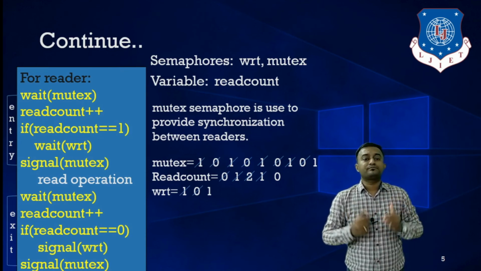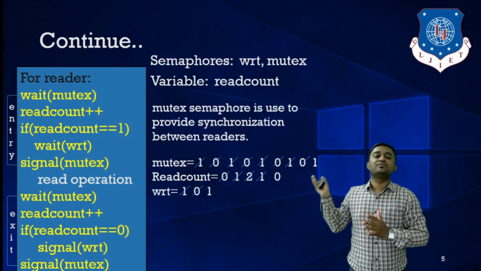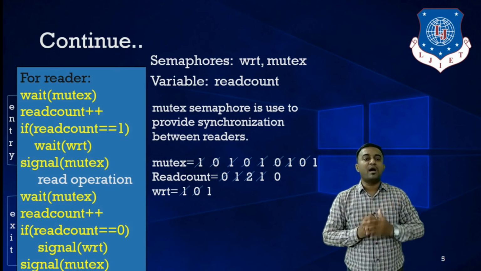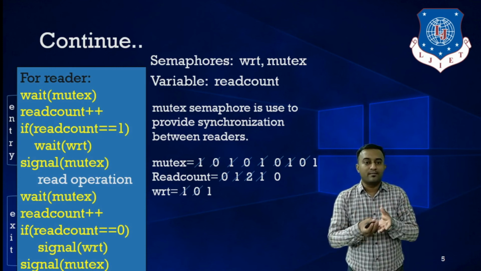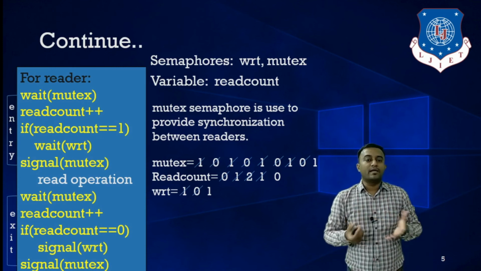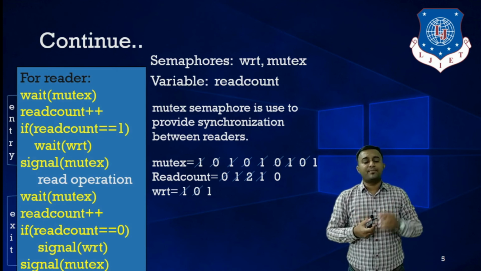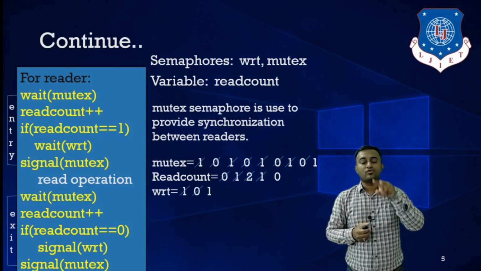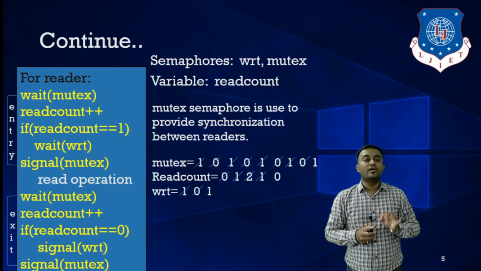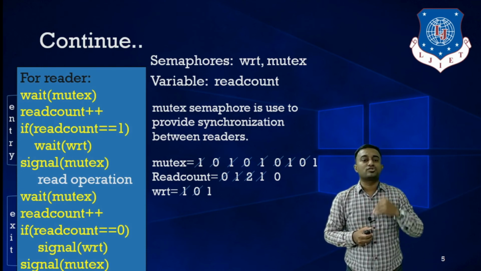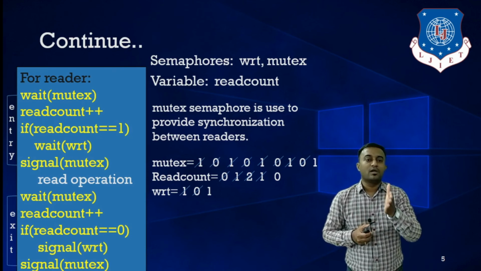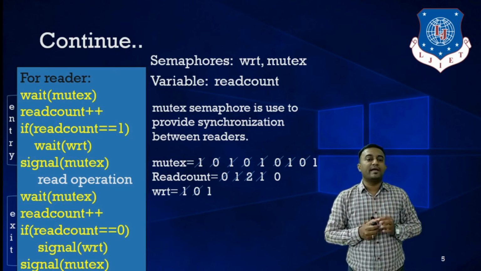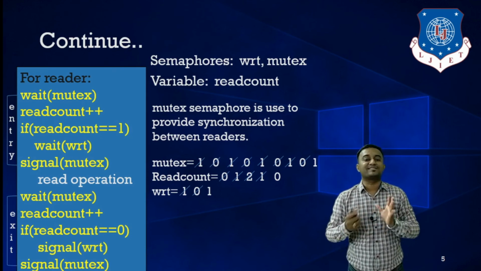Okay, now we are going to discuss the exit part. In this exit part, highlighted with the yellow color at the bottom side, P1 and P2 have already entered the critical section. Now, if any of the processes wants to exit from the critical section, first of all that process has to execute this statement, wait on mutex.